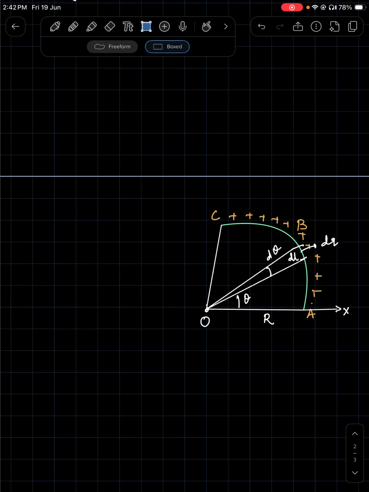To get the electric field, generally we place a +1 charge where the electric field is to be found. Since we have taken a positive charge density, dq will repel, giving the electric field dE in this direction.